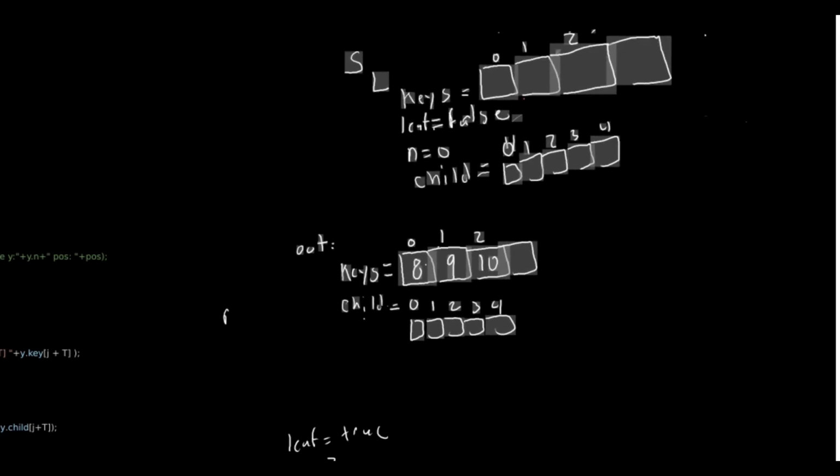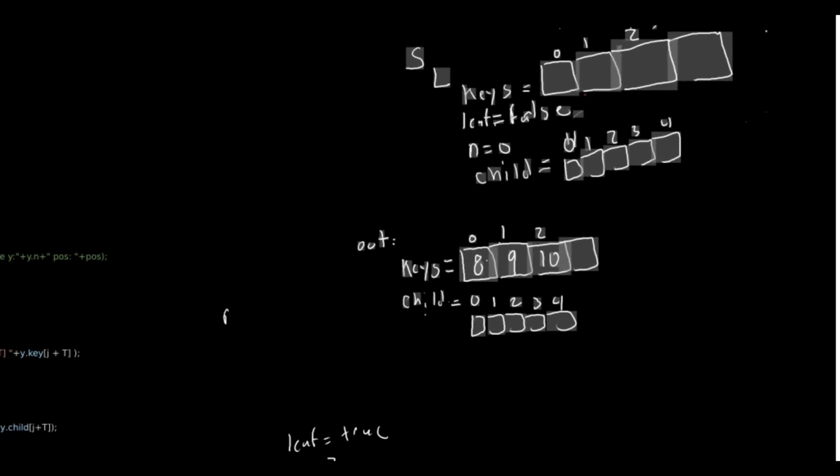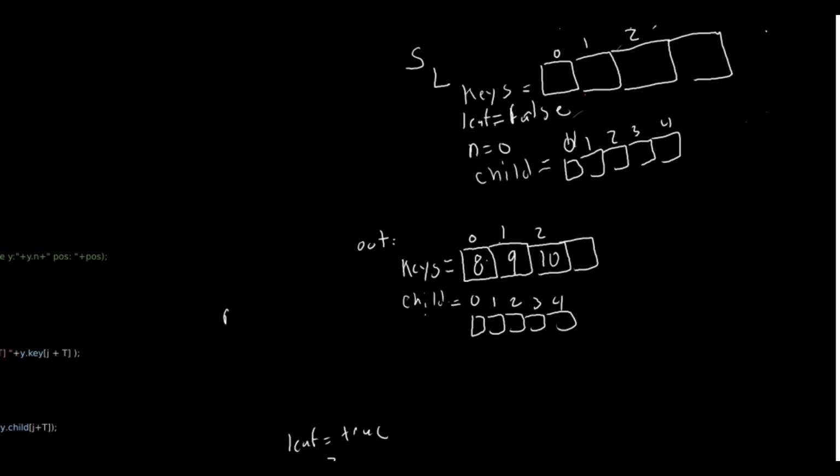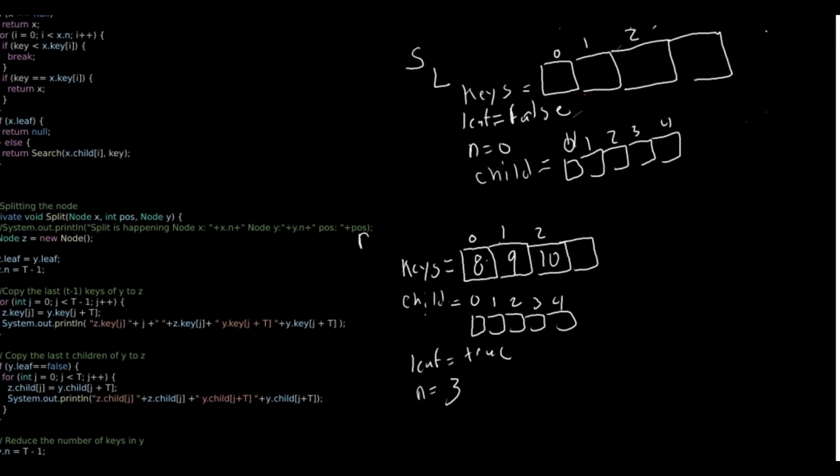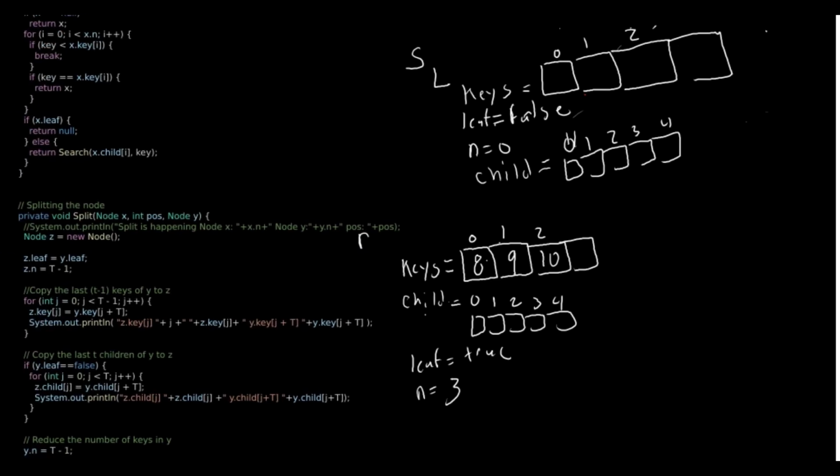Okay. Yes. Come on. Here. Our children. And we'll just call it this one here. R. And just this one here. If is true. And n equals 3. Okay.